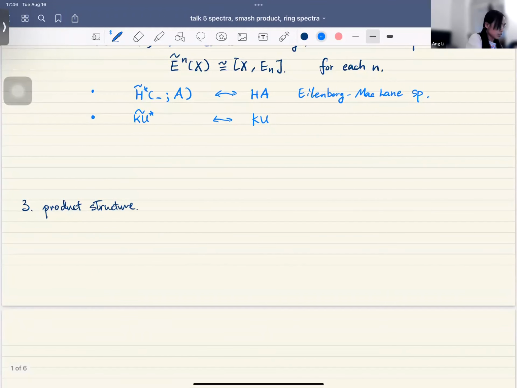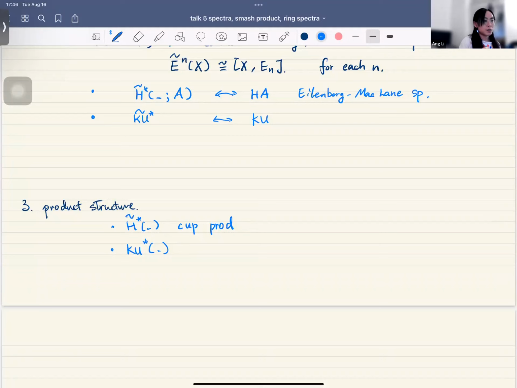All right, let me just write down what I already mentioned. For ordinary cohomology, you have the cup product. And for KU, we constructed it using the Grothendieck construction, not the one I'm going to talk about in the next talk, the additive inverse one.